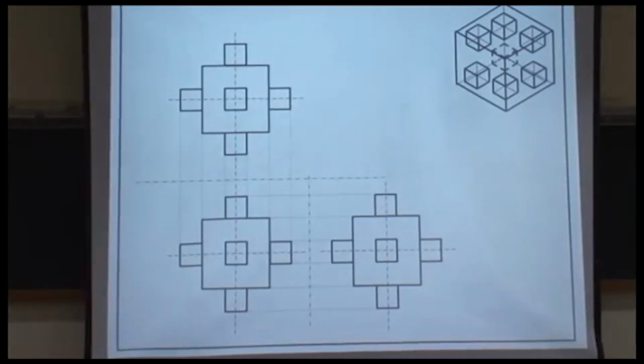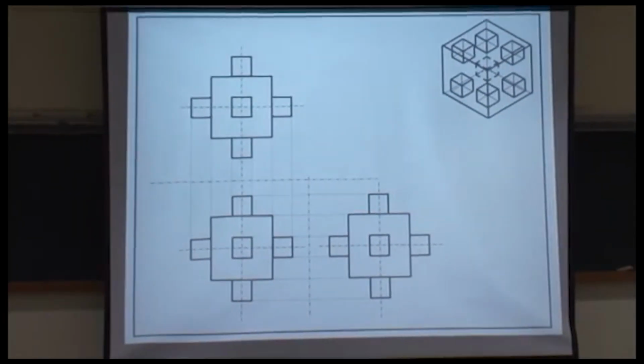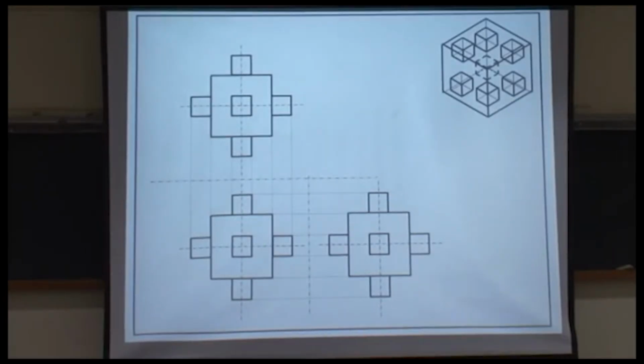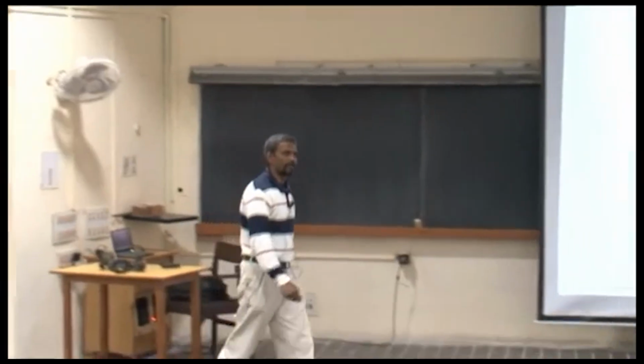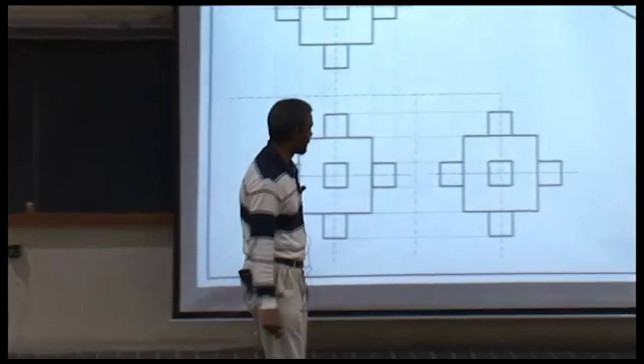So the front, top, and profile views were identical, and in none of the views could you learn any information about the void that was within the big cube. So there are ways to come around it, and we are going to be discussing one of these ways today.